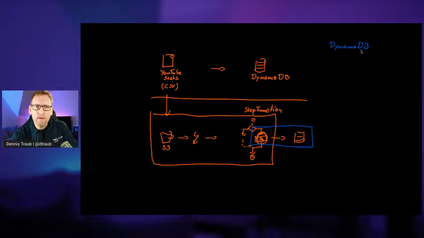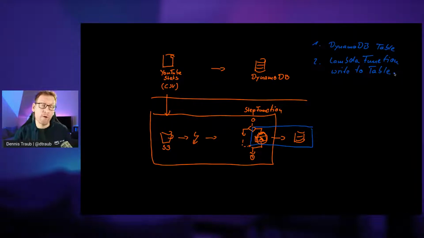Second, the Lambda function should write to the table. And that's the two things that we're going to do today. We'll make sure that the existing Lambda function that we already have writes the data that it retrieves from the file into the newly created DynamoDB table.